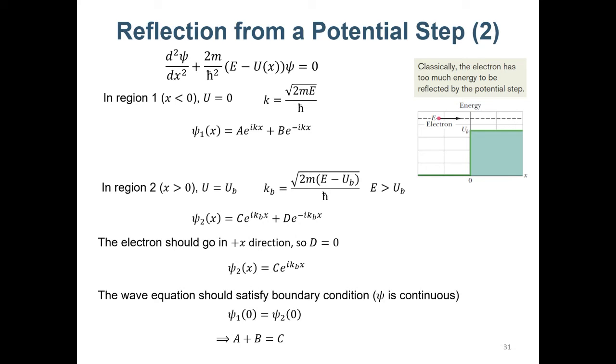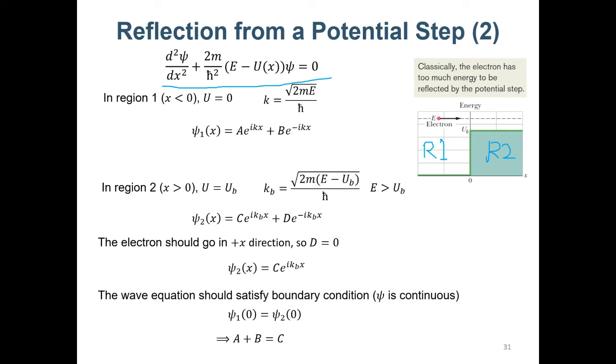So we can go back to the time-independent Schrödinger equation. This is called region 1, for x smaller than 0. This is region 2, which is x larger than 0. For x smaller than 0, U of x is 0.